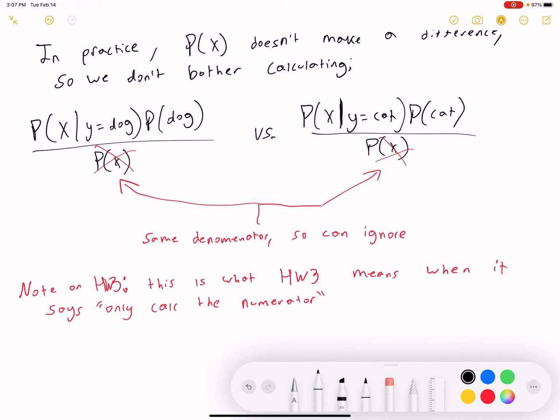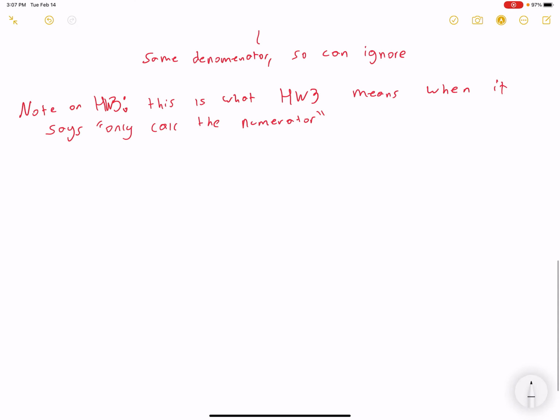So sorry, I'm going through this quickly, but that's just because it's all review from last class. So we also talked about the conditional independence assumption. So let's formalize that again using the conditional independence assumption.